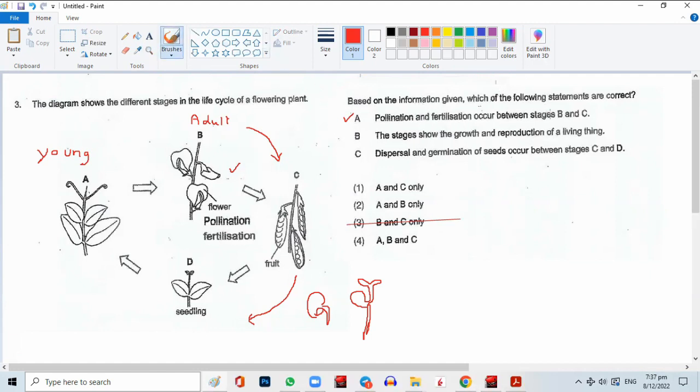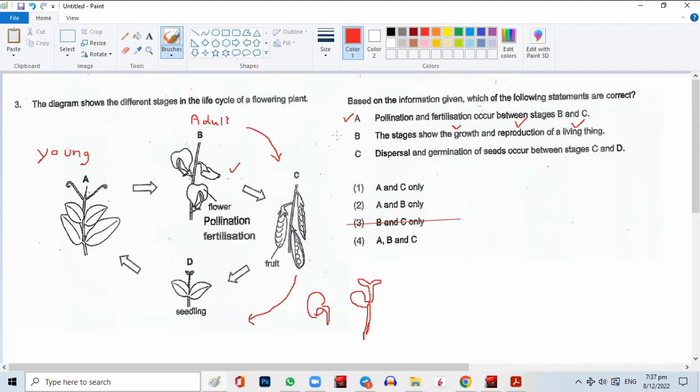Yes. Does it show reproduction? It shows the flower, pollination, fertilization, right? Growing the seed and then reproducing a new seedling, right? Yes, more plants come out due to the seeds. Does it show growth? Yes, from seedling to young plant to adult.